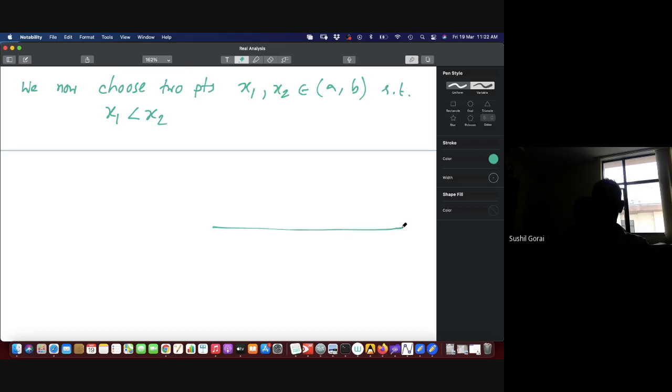This is AB, this is A, here is B, and we choose 2 points x1 and x2. And what do we want? We want to divide this interval x1, x2 into smaller intervals.